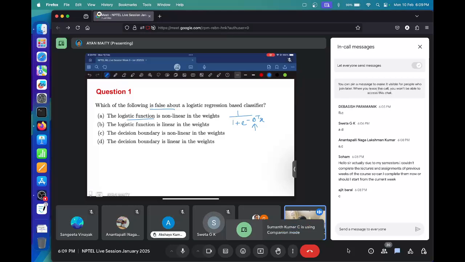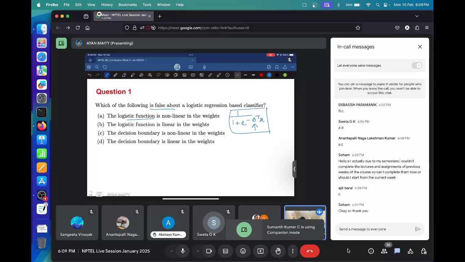This logistic function is certainly not linear in the weights, and it is used so that it can bring non-linearity into the logistic regression classifier. So the first option is actually true.